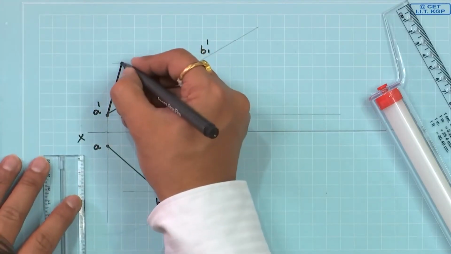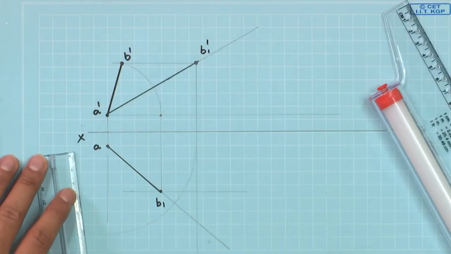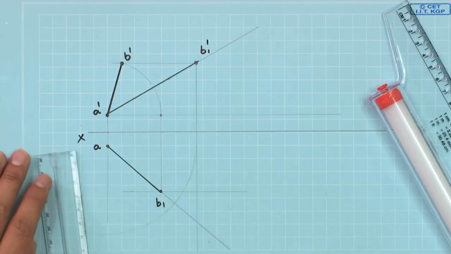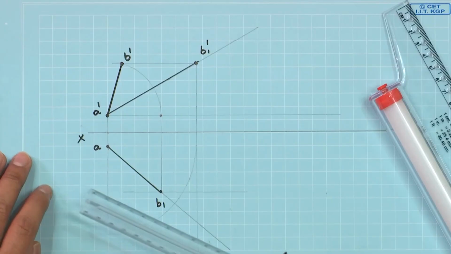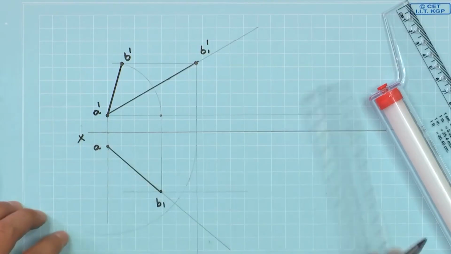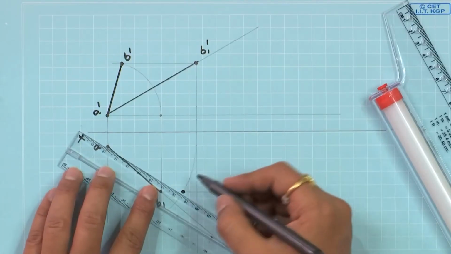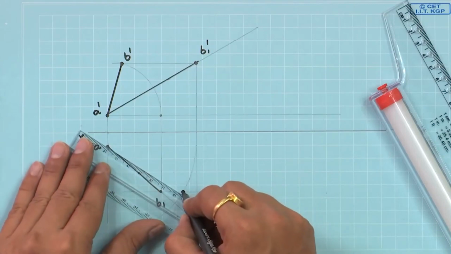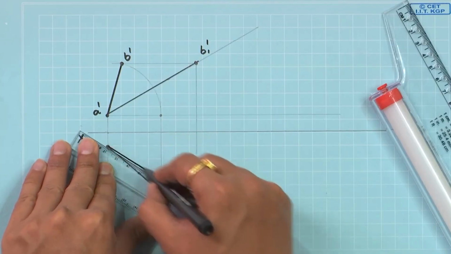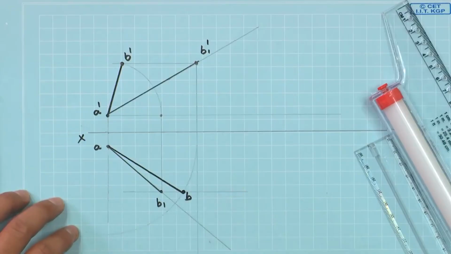This will be the apparent one, B prime. Similarly, we have to extend B1 prime in such a way that this length is rotated. So, it is going to make it here. If we join those lines, this one will be our AB.